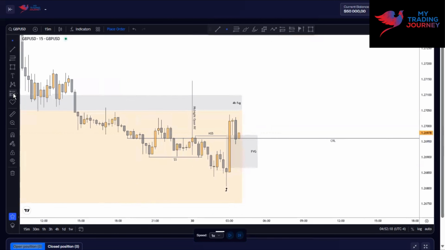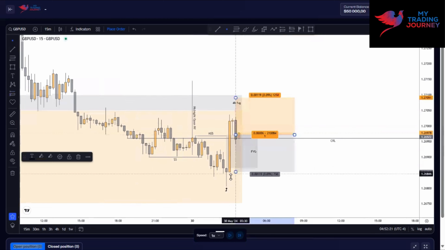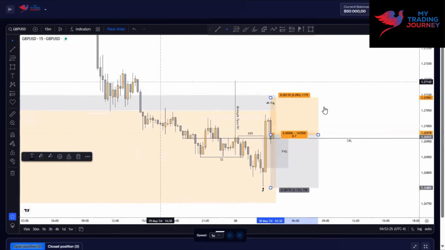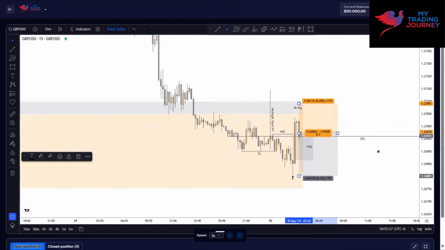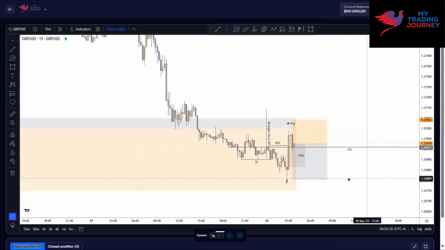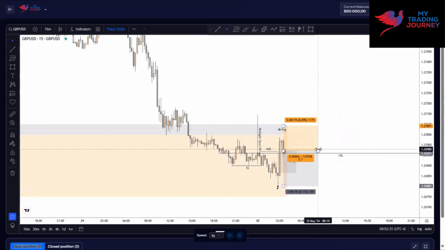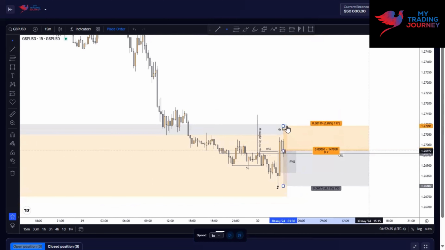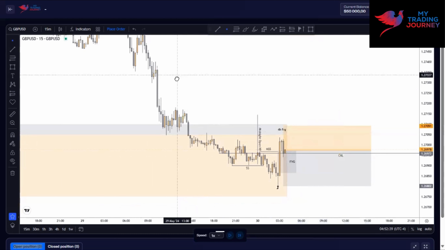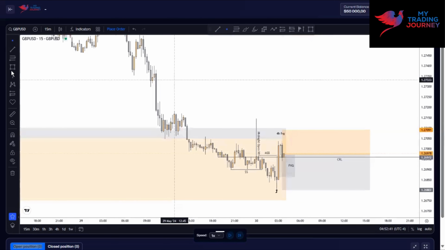Trade set, stop loss below the manipulation candle. Okay, usually I target the next point of interest on the 15-minute, which is going to be this right here, our supply zone, or you can just say an order block.